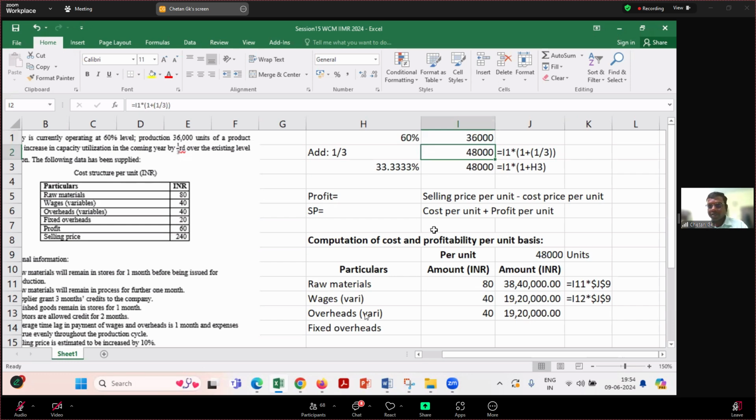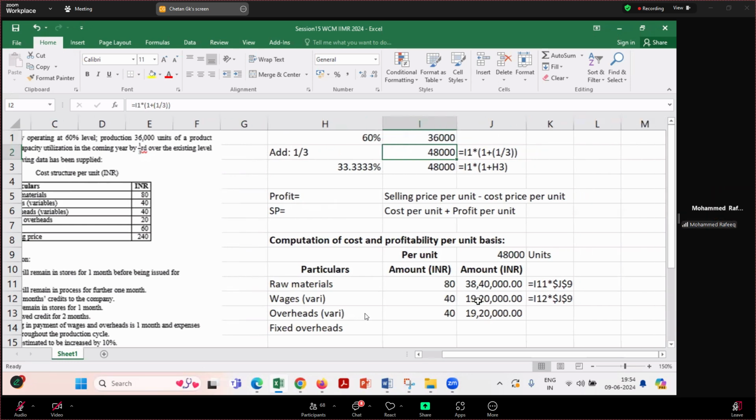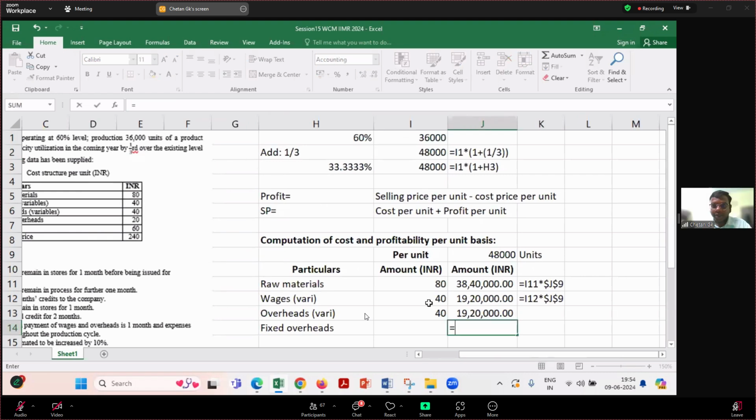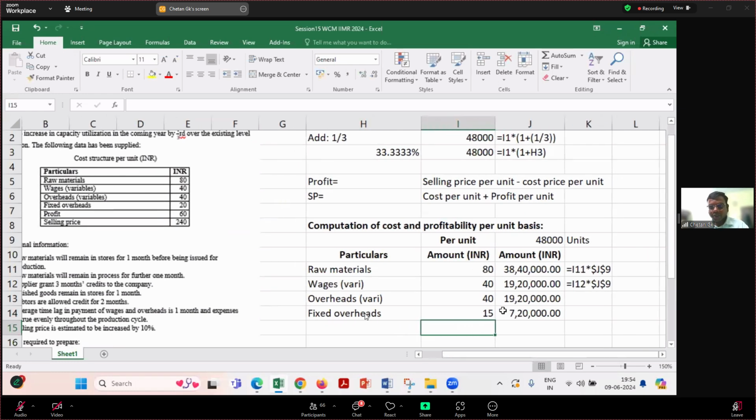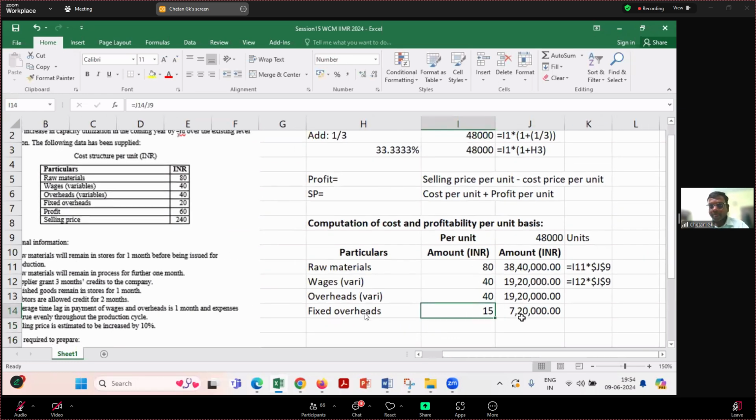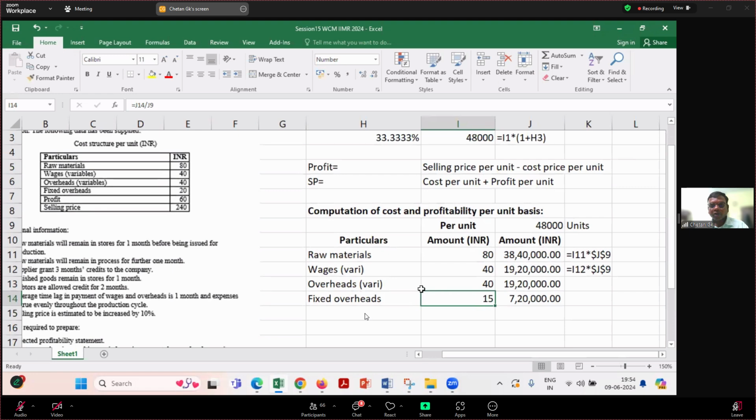So what I did is 20 multiplied by 36,000. Understood. Then I divided by 48,000, which means I retained the nature of fixed overheads, the way it is.